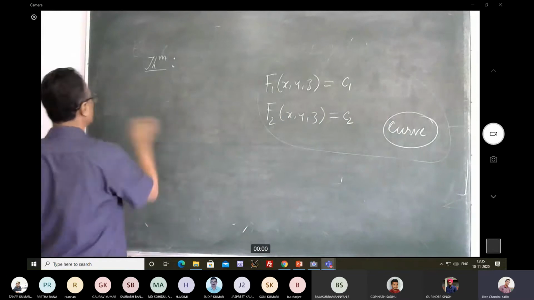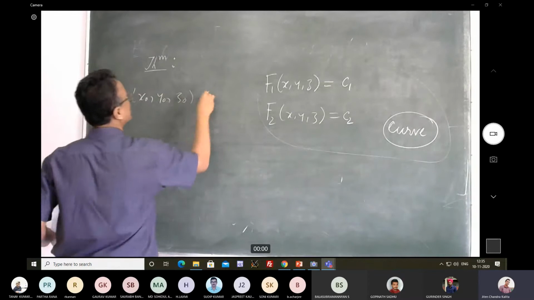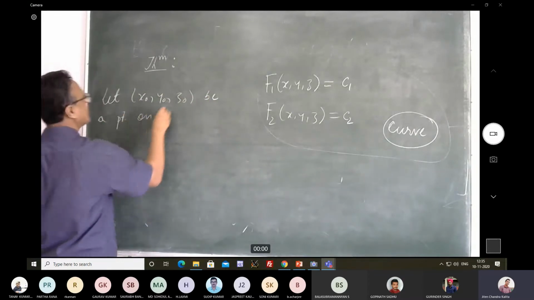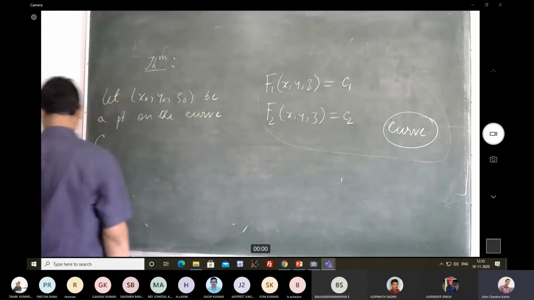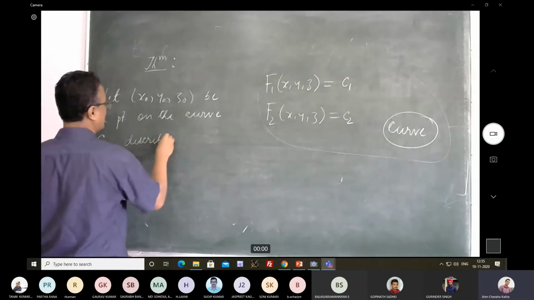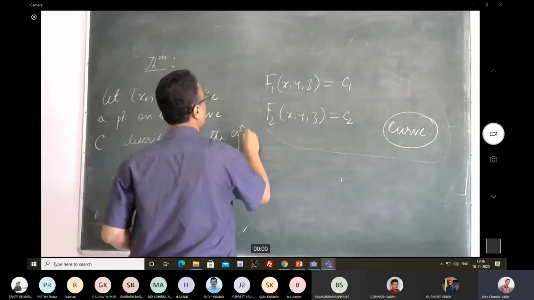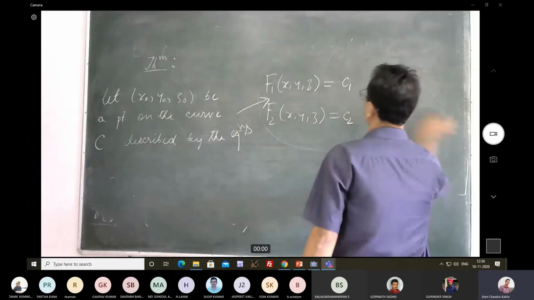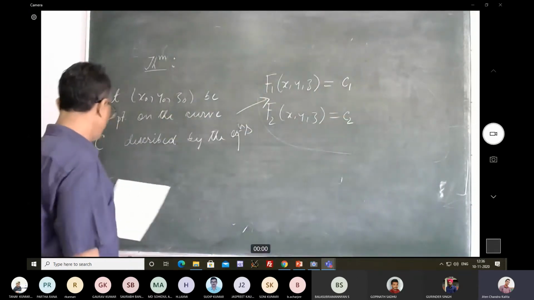Let (x0, y0, z0) be a point on the curve C, described by the two equations f1(x, y, z) = c1 and f2(x, y, z) = c2.